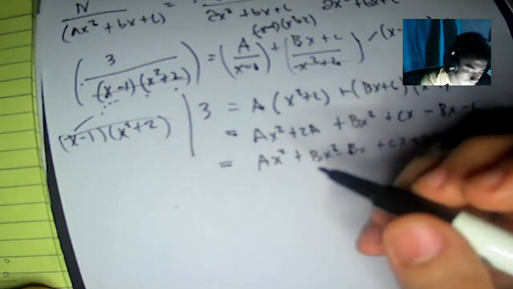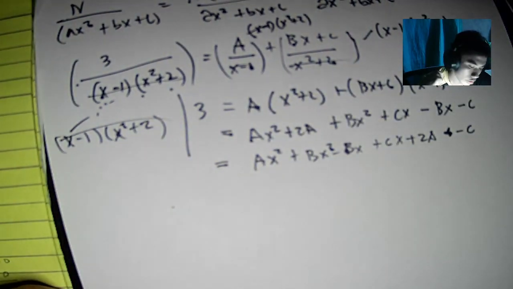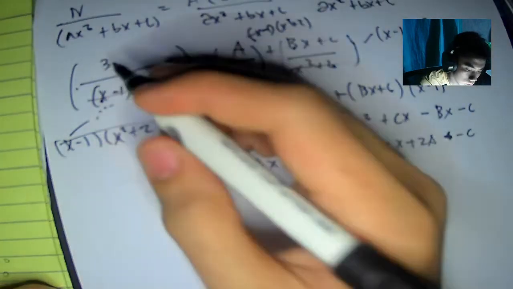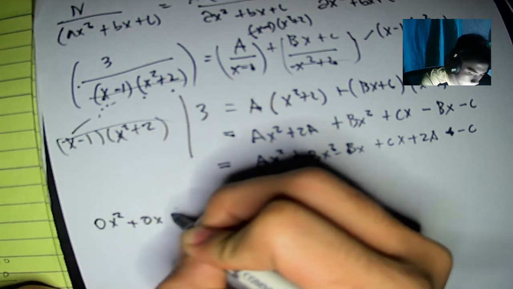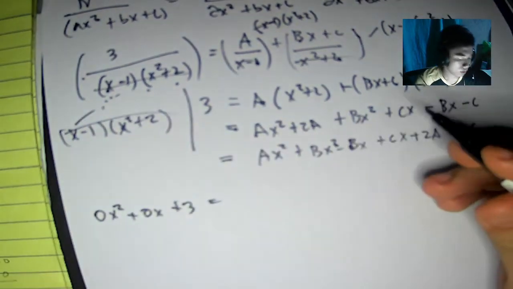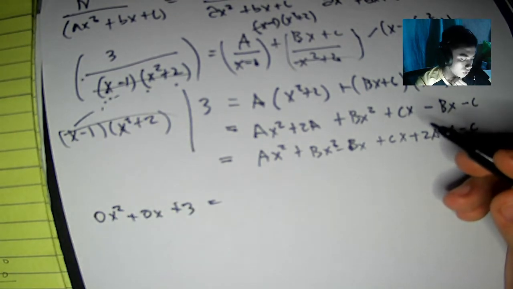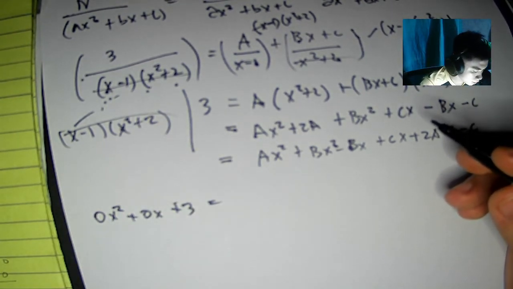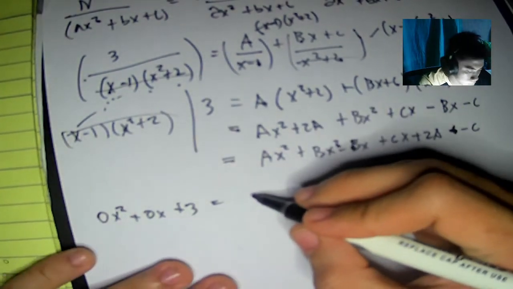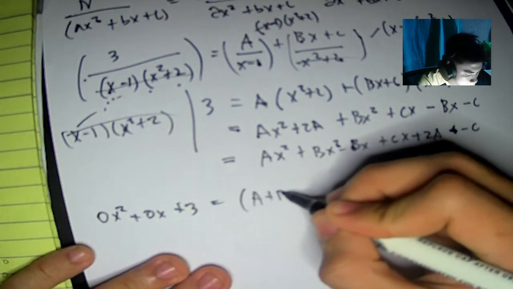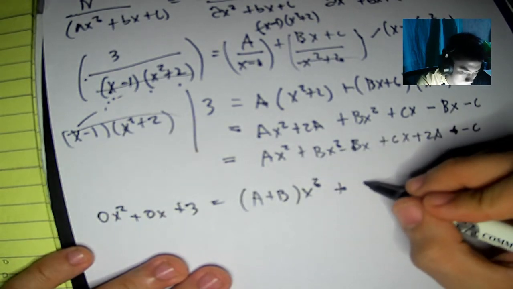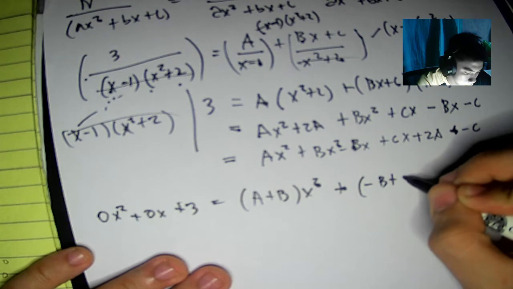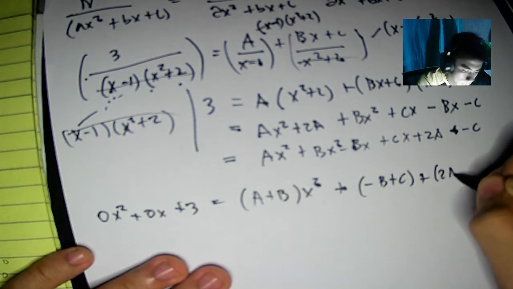So right here it's just only 3, so let's just put 0x squared plus 0x plus 3, just so we can simplify it more. So a plus b x squared plus negative b plus c, plus 2a minus c.